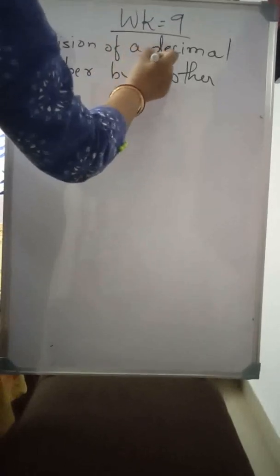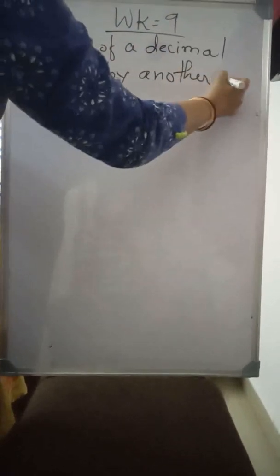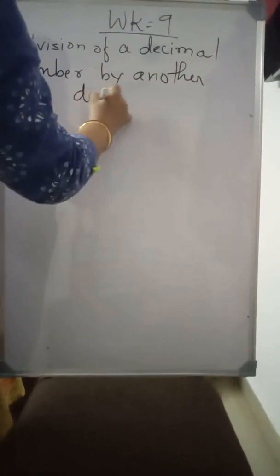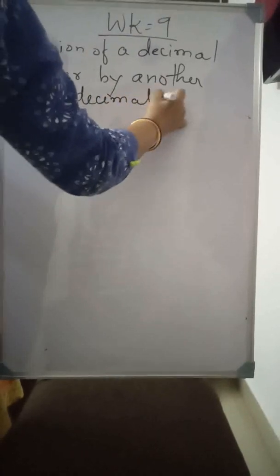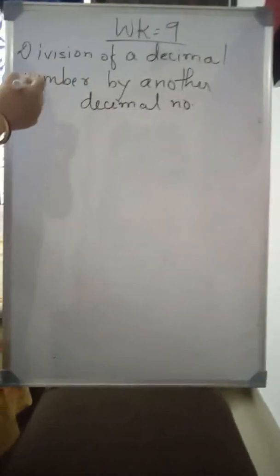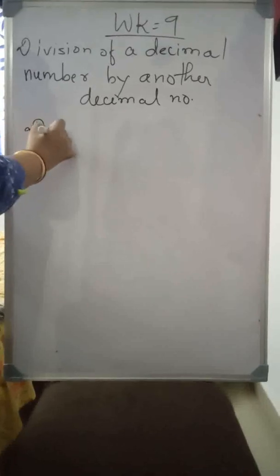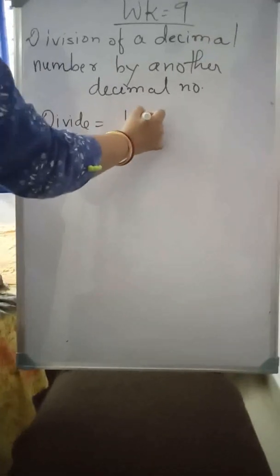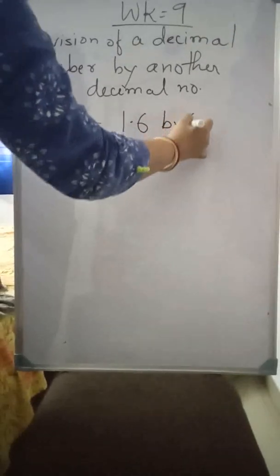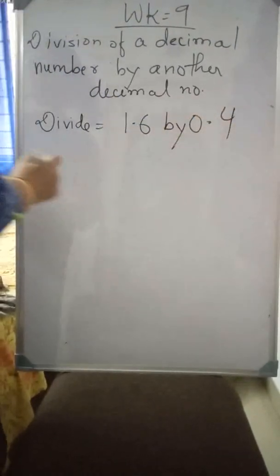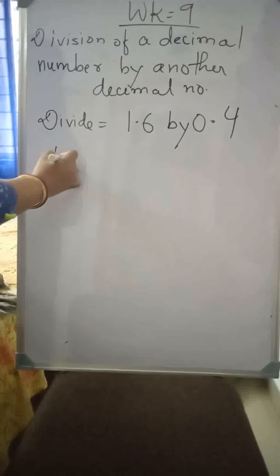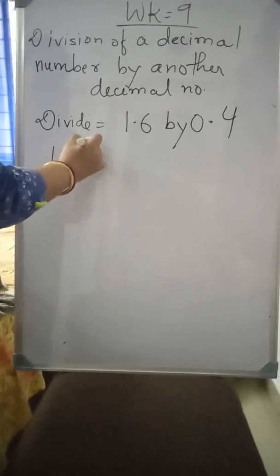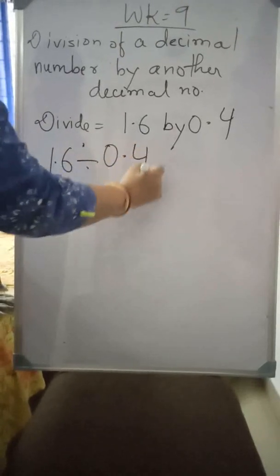Now children, pay attention here. You have to do division of a decimal number by another decimal number. Correct? Now pay attention over here. Example is divide 1.6 by 0.4.